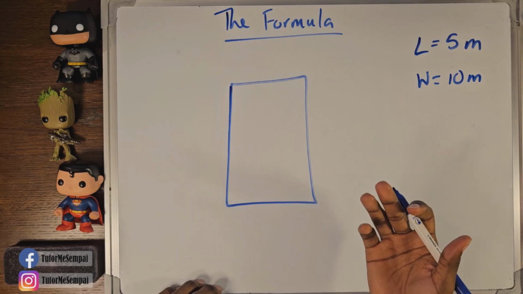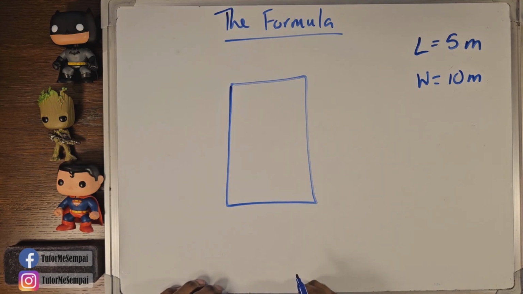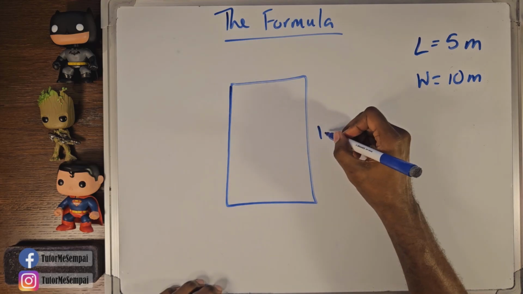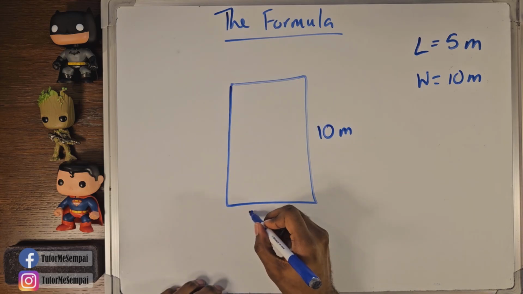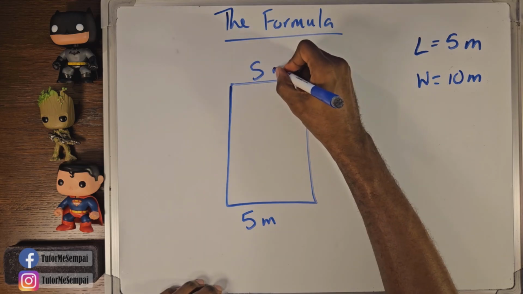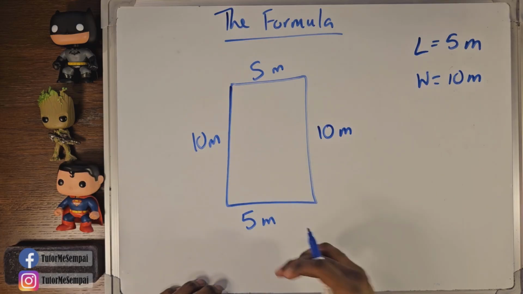Which side would be our length and which side would be our width? Well, this side is a little bit bigger than that side, so let's call that our width, and let's call this our length. And you have your units for each side.